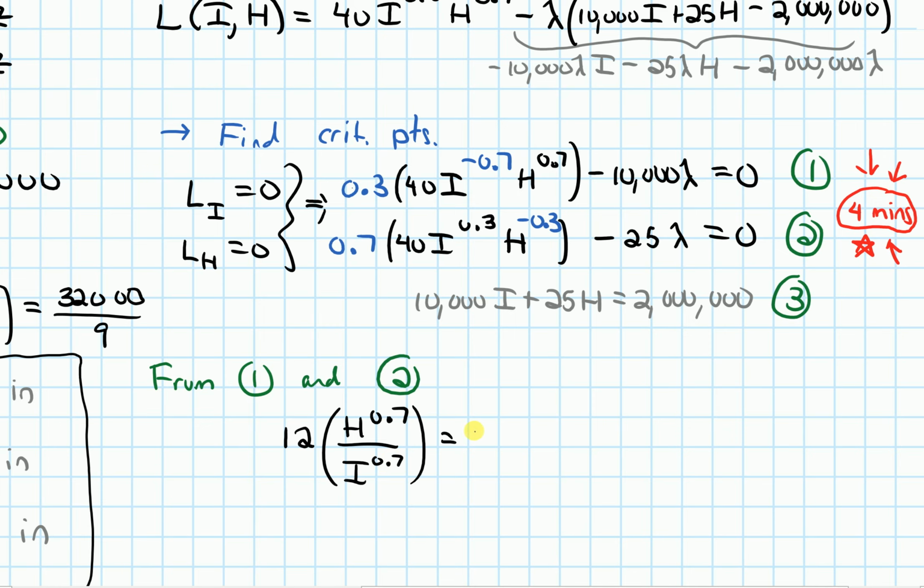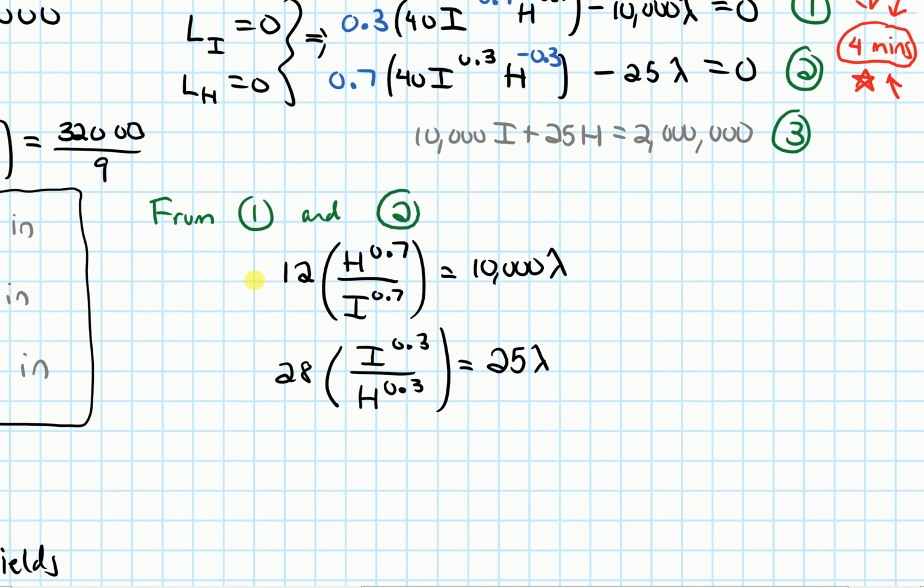This will be equal to 10,000 lambda on the right. If I do the same with the second equation, 0.7 times 40 is 28, and we get that times I to the 0.3. This time the h goes to the denominator, so we get over h to the 0.3, equals 25 lambda, moving that 25 lambda to the right.